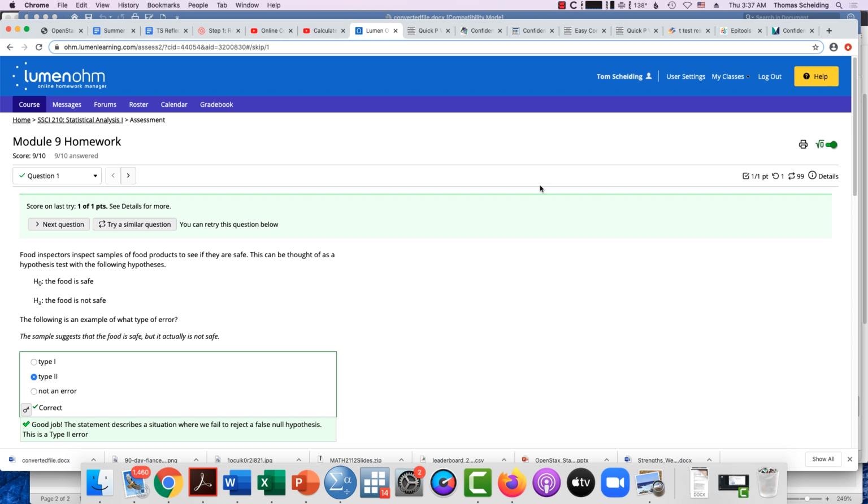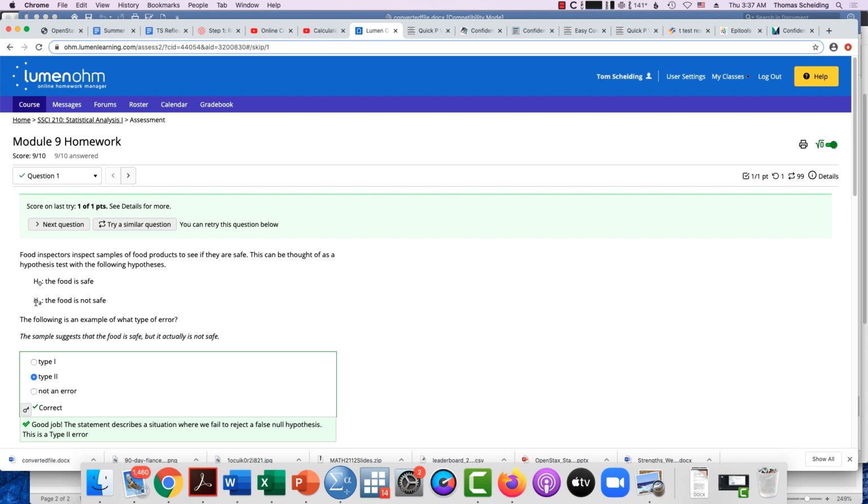So for question number 1 in module 9, we're asked about food samples, food products, and determining whether it's safe or not. So again, H subscript 0, that's our null hypothesis. The alternative hypothesis, H subscript A, is that the food is not safe.